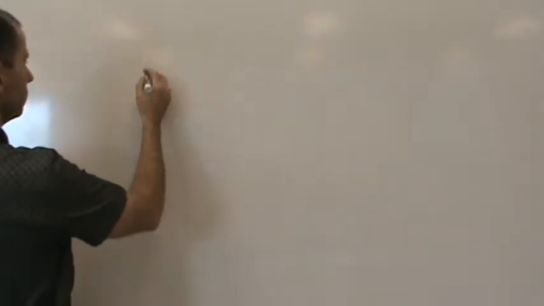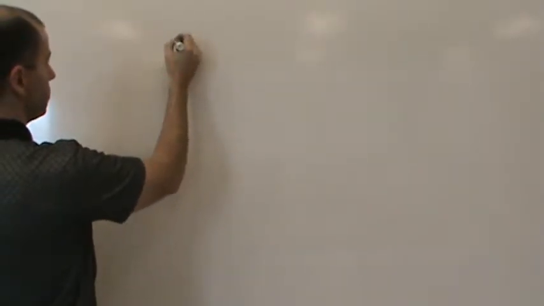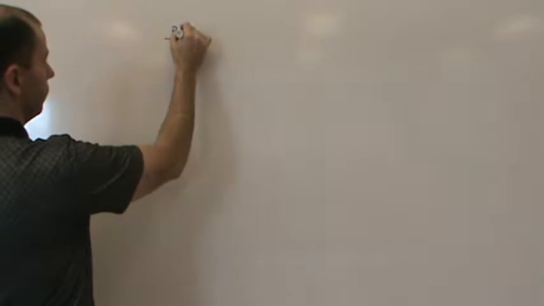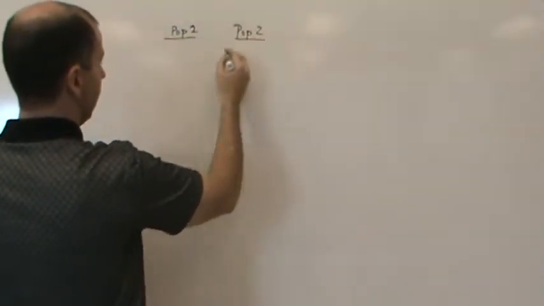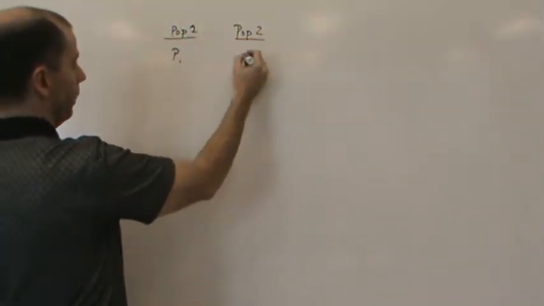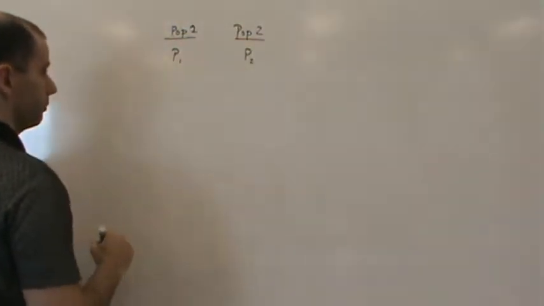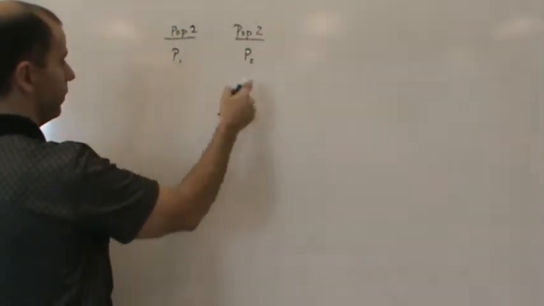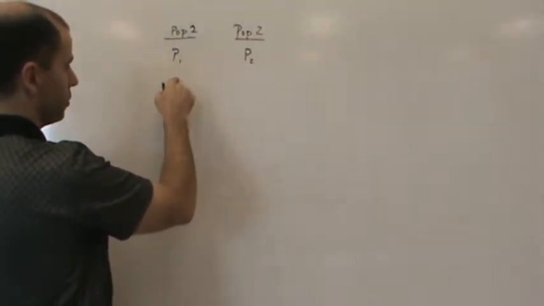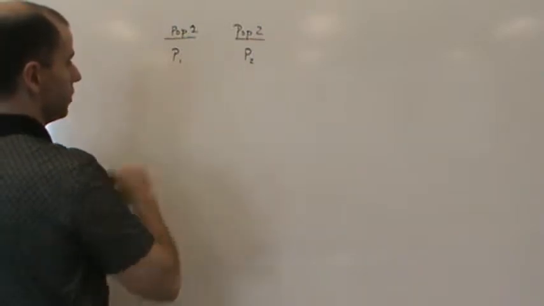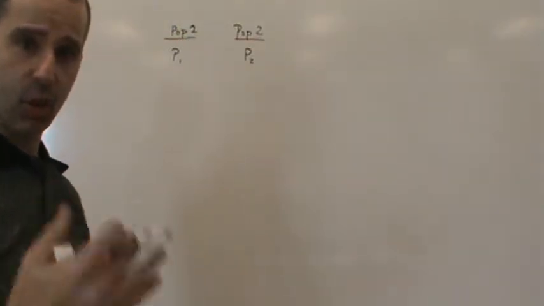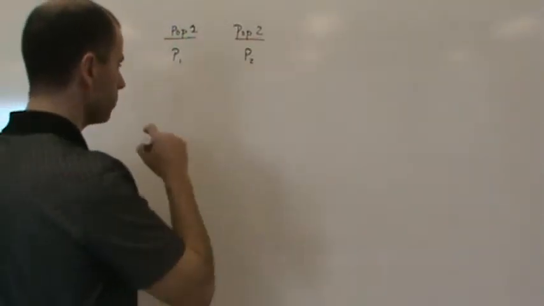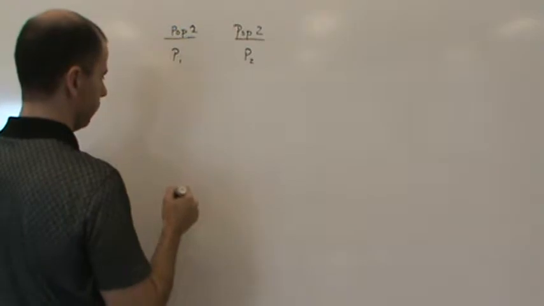Okay. So one of the things we need to make sure of is that if we have two populations, population 1 and population 2, and we want to compare P1 to P2, we need to know that the distributions of P hat 1 and P hat 2 are both normally distributed. That's along the same lines as when we were talking about the means.